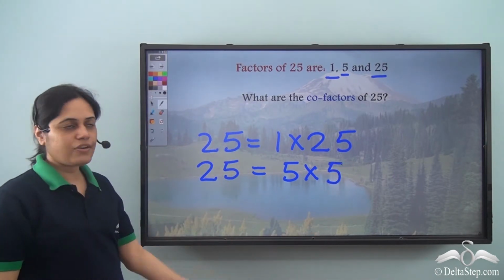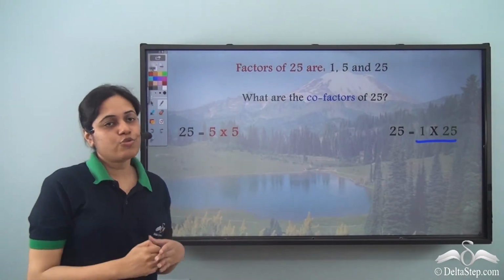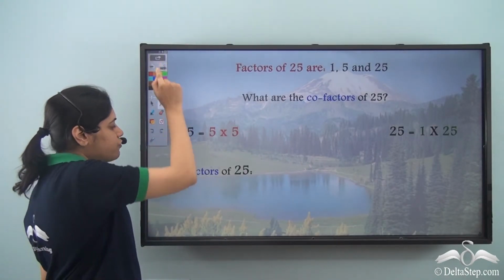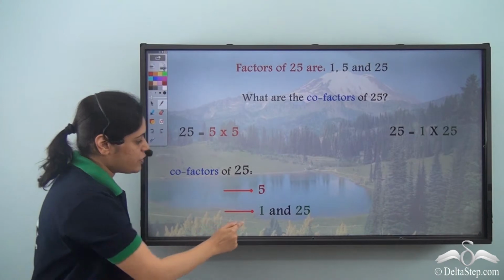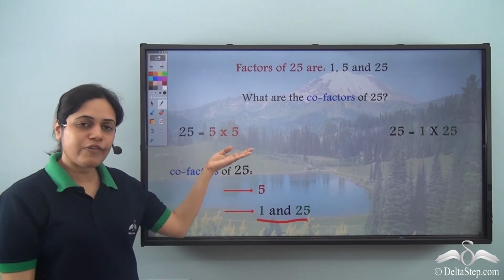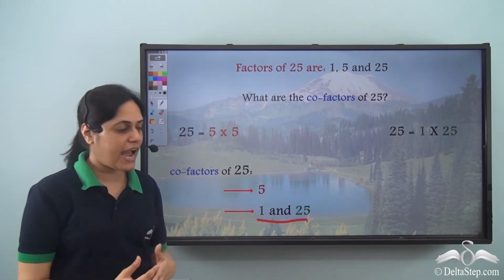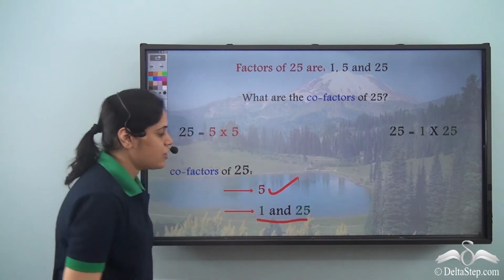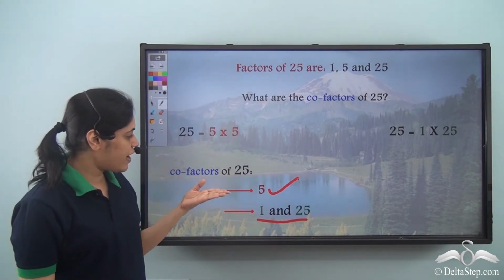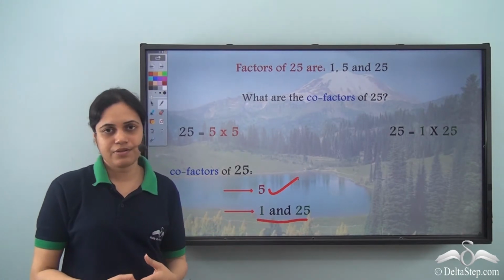This is how I can write 25 using its factors. Now 1 into 25 gives me one pair of cofactors, which is 1 and 25, and I have 5 into 5. So once again, I will not write 5 and 5. I will write only 5. So the cofactors are 5 and 1 and 25.